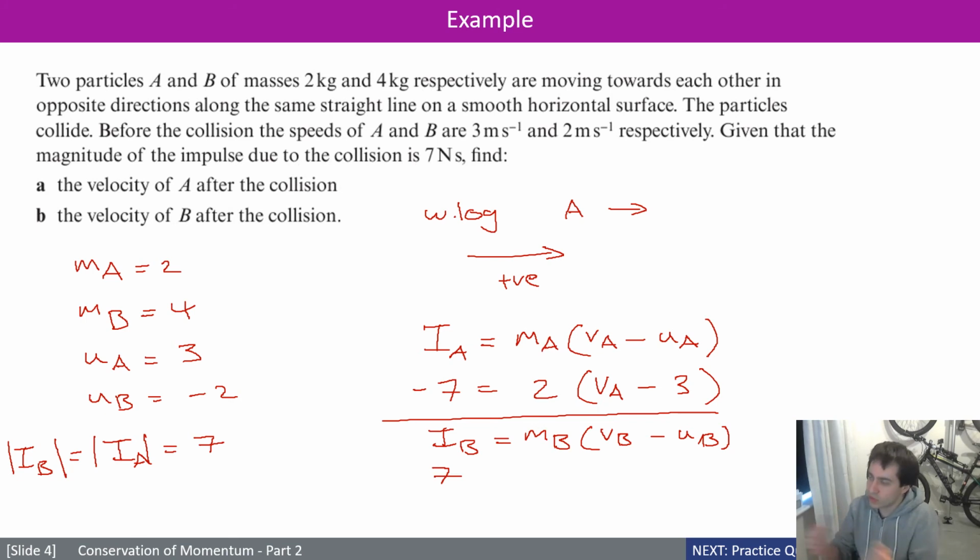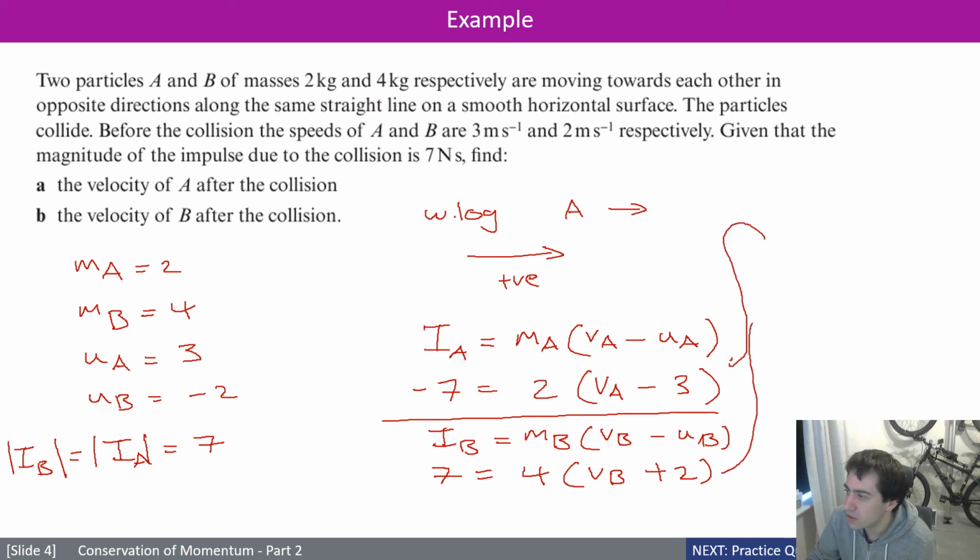Because those two impulses are going to cancel each other out. Or alternatively, you can think of it as B is going left, but then when it receives an impulse, it receives an impulse going to the right, which is the positive direction. So we've got 4 times my unknown VB minus minus 2, so plus 2. Okay, so then let's just simplify those two.